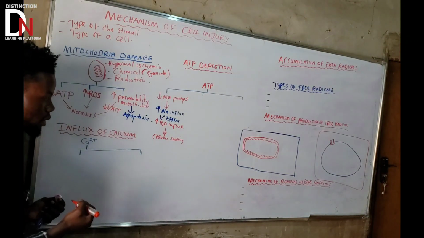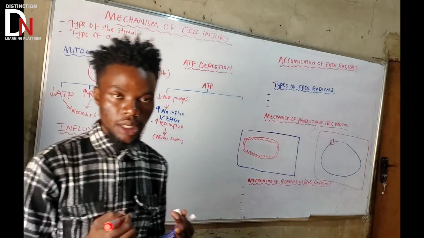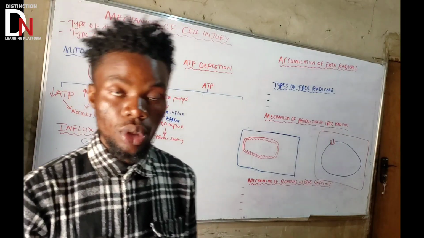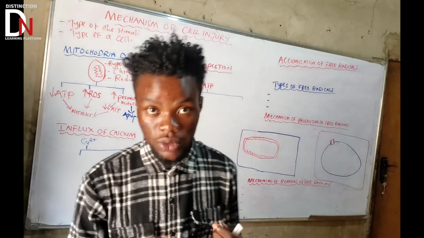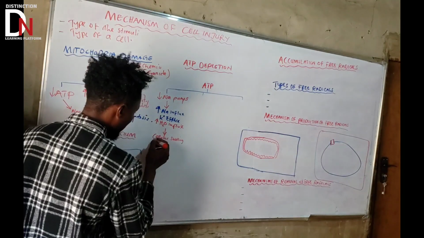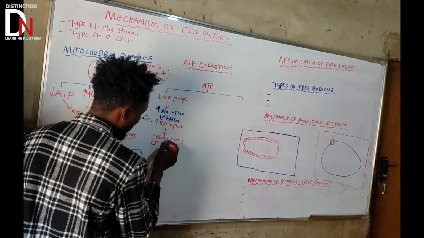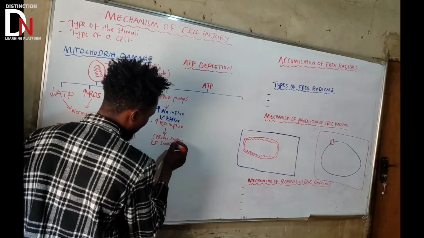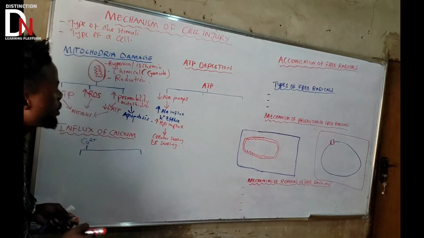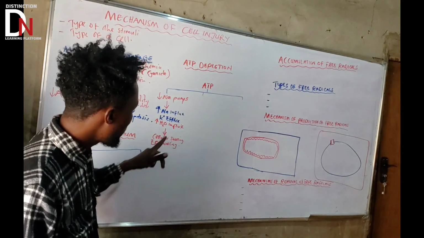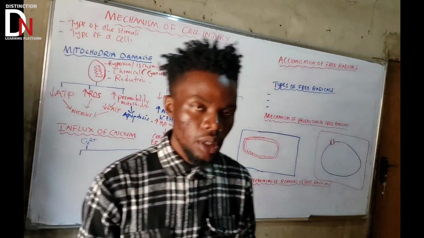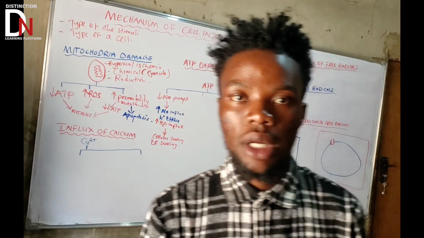Now, if a cell swells, then what else? Another important thing that is going to swell is the endoplasmic reticulum, the ER. There will be ER swelling, very, very important. Now, if there is ER swelling, there is an important concept that you need to understand.